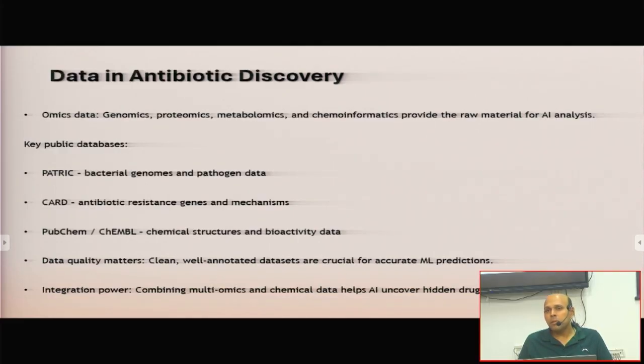There is the antimicrobial peptide associated database for antimicrobial peptides linked with Acinetobacter, or other antimicrobial peptide associated databases are also there. Then PubChem and ChEMBL have compounds, which will have the chemical structure and can have bioactivity associated data.